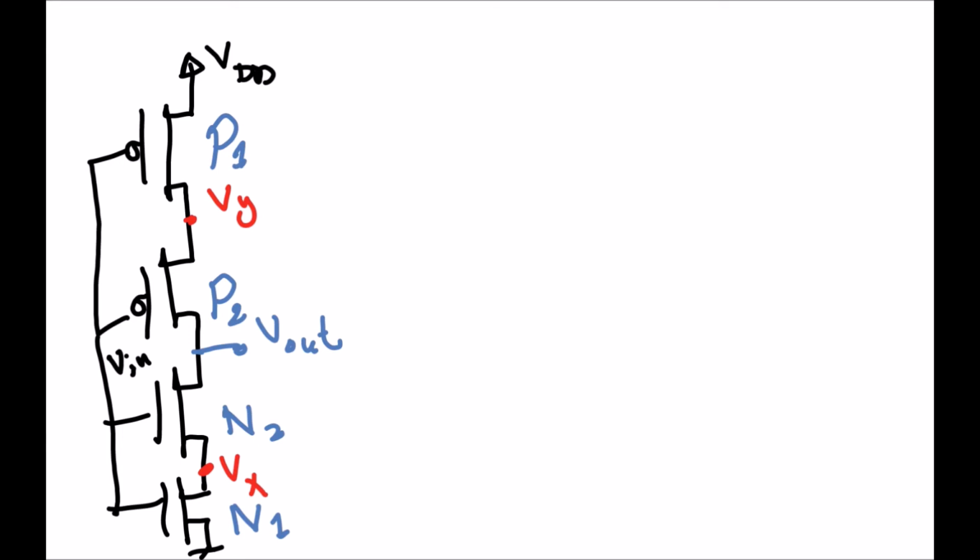Now what happens when we have initially V input equal to 0? Of course we know that V output equals VDD. What is important to look at is Vx. What's the voltage at Vx now? There is no current flowing through the NMOS, and they are actually two NMOS in series, so the Vx voltage will be 0.